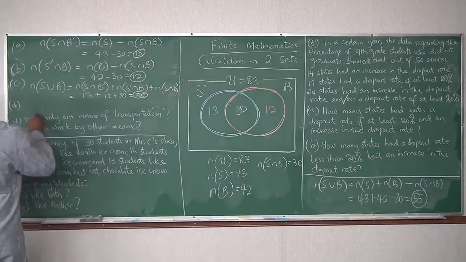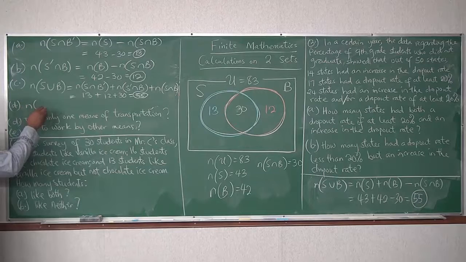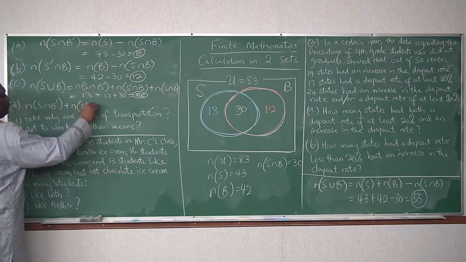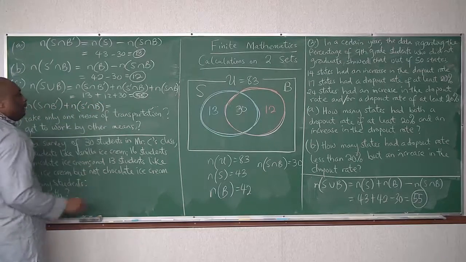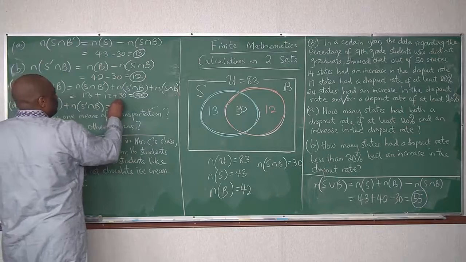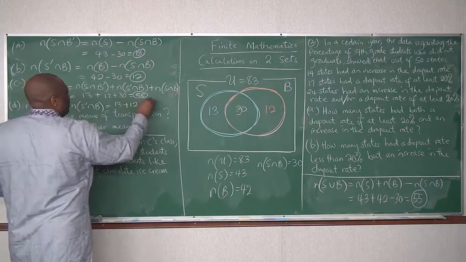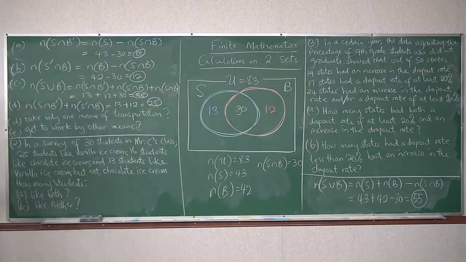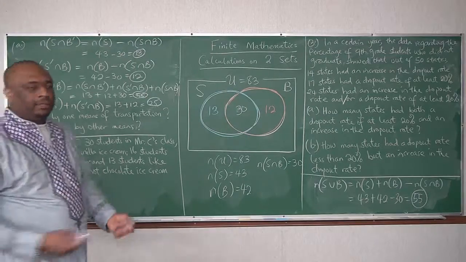So D will be subway only plus bus only, and that will give us what? 13 plus 12, and that will give us 25. 25 people take just one means of transportation, subway only or bus only.